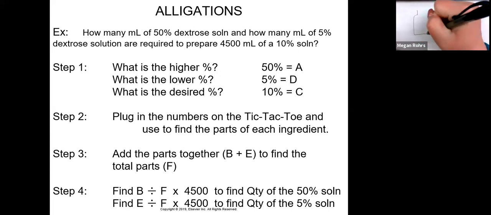We're going to have a bottle of a 50% solution and another bottle of a 5% solution. And we want to make a total of 4,500 mils of a 10% solution.